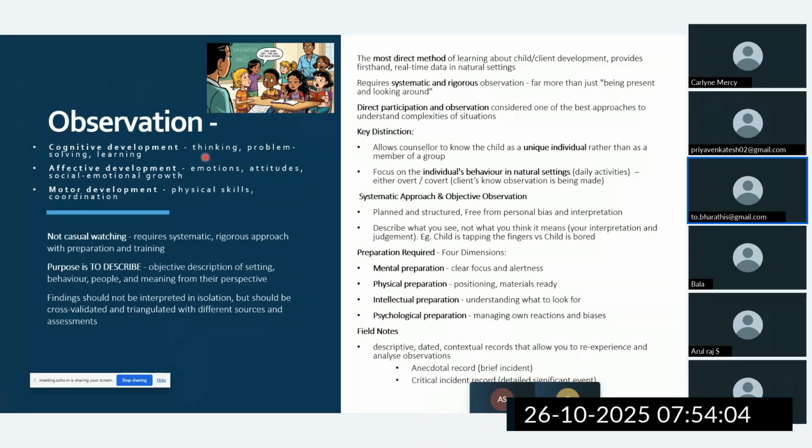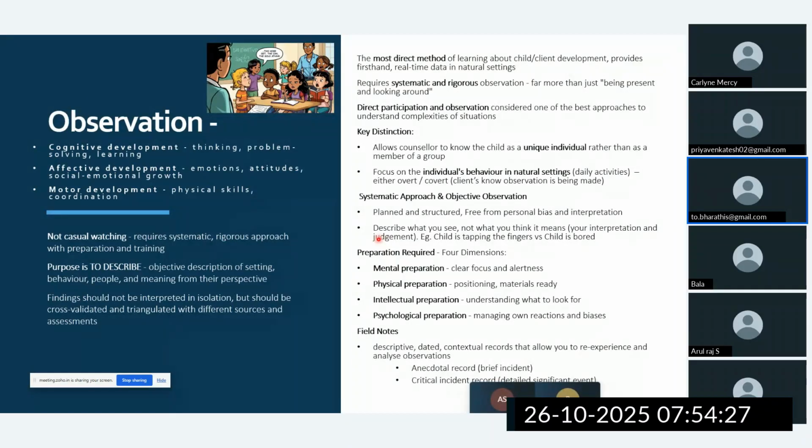And observing is not just watching. There is a way in which I need to do it. One key takeaway I want to share is that we should record what we see, not what we interpret, right? That comes later. There is a separate type of notes where we can call out what our interpretation is.